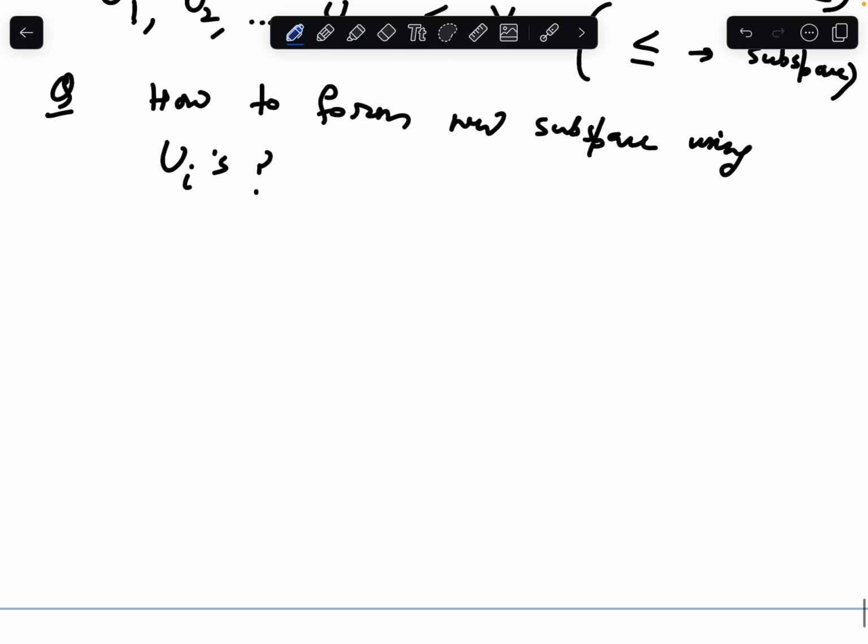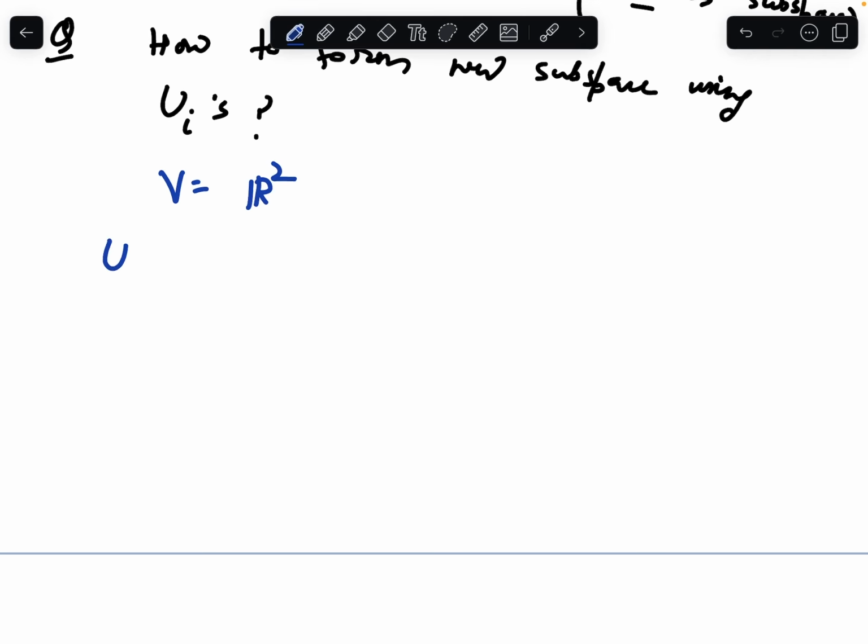So suppose that V is equal to R2 and let's take U1 equal to the x-axis. The x-axis is a subspace. Why?